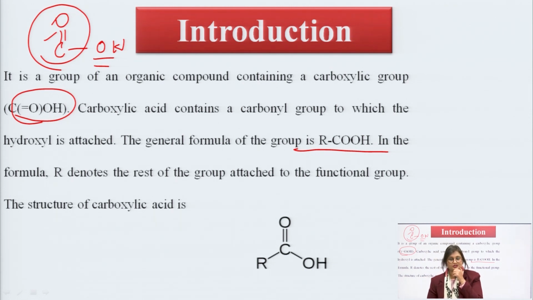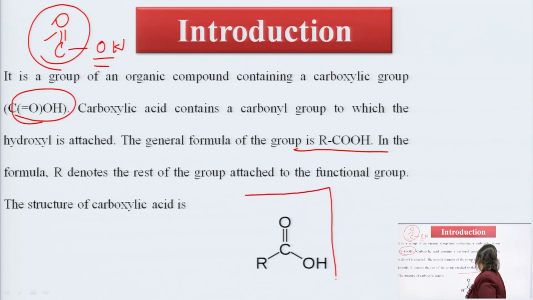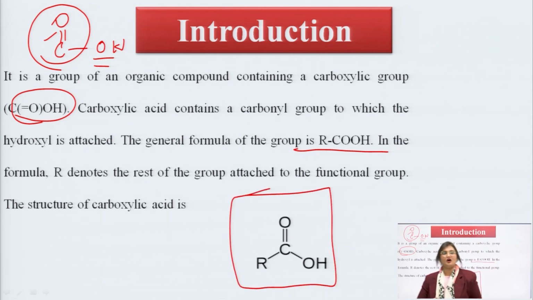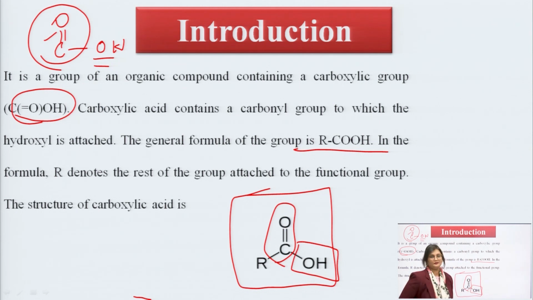So, R denotes the functional group, C double bond O is the carbonyl part, and OH is the hydroxyl part.